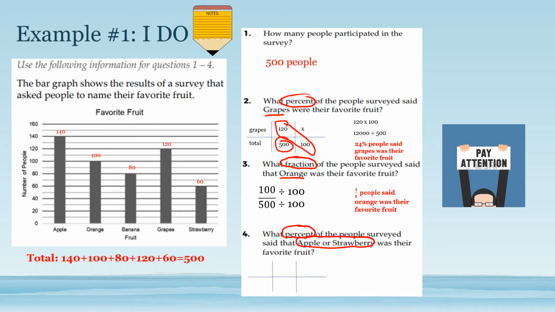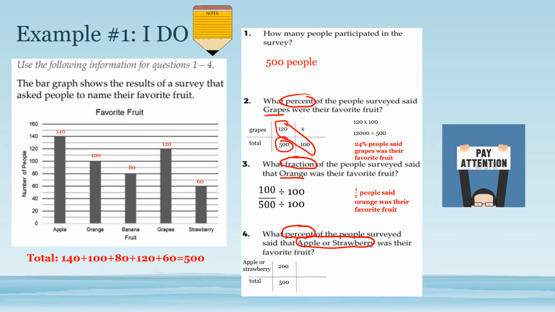Apple or strawberry is the part out of the total, which is our whole. Remember, we're going to combine apples and strawberries. Apples was 140, strawberries was 60, so 140 plus 60 is 200 out of the total surveyed.